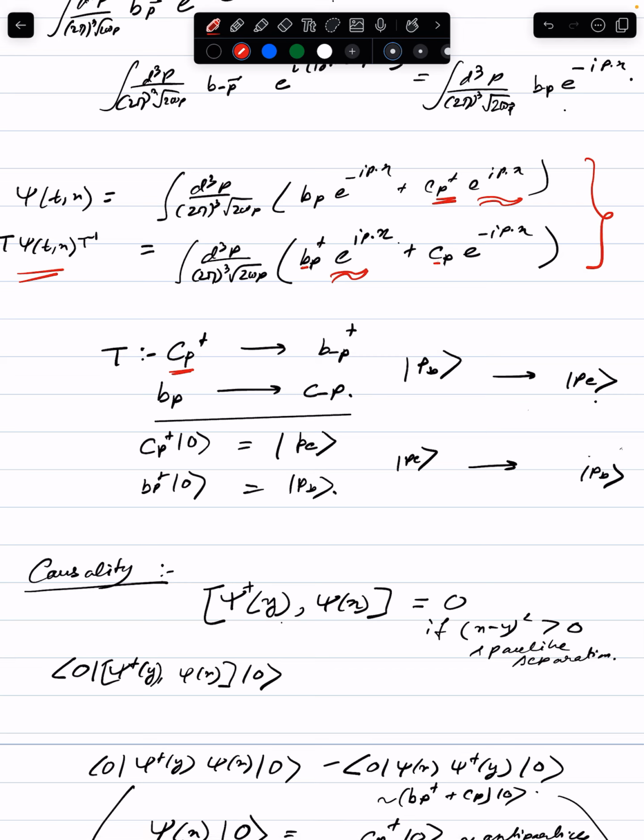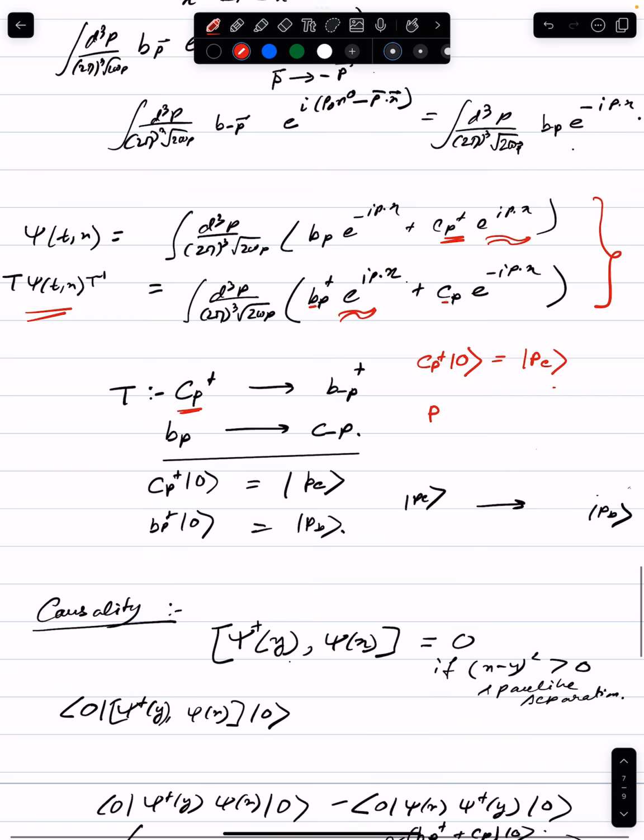What does this mean? So if I consider a Cp dagger acting on 0, this is a C particle. If I time reverse it, let me do it this way. Let me consider the B particle, Bp dagger acting on 0, it's the same thing.